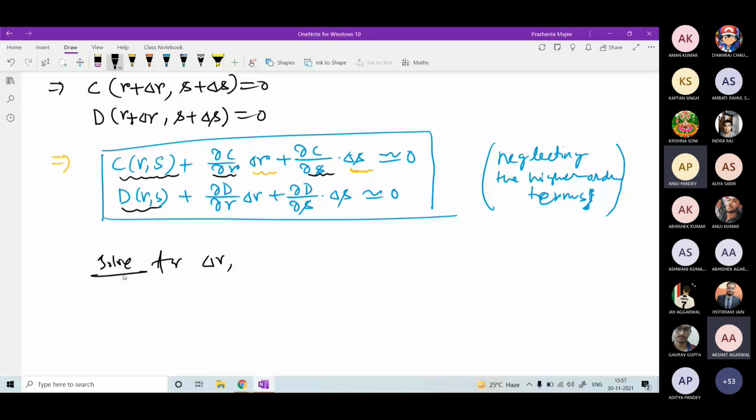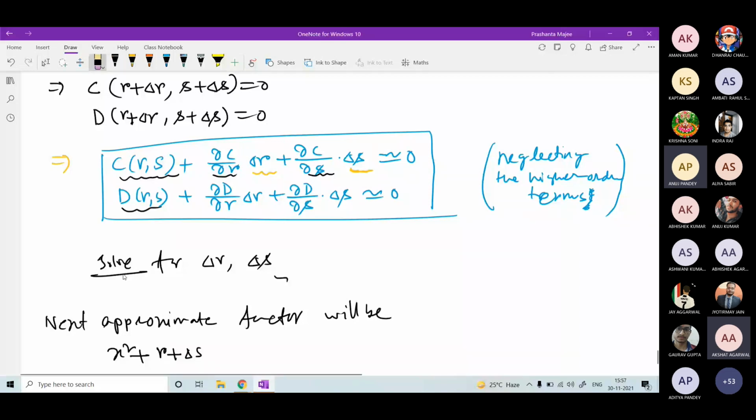You can solve it. This is a linear system of equations, very easy to solve. Once you solve it, the next approximate factor will be x square plus r plus delta r into x plus s plus delta s.